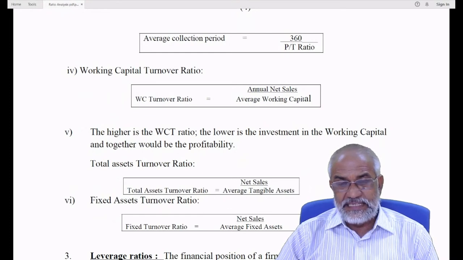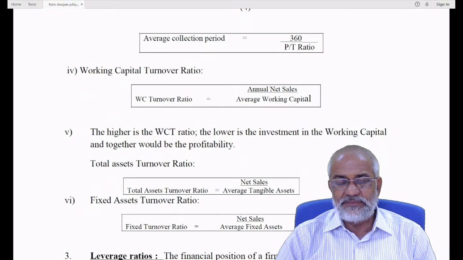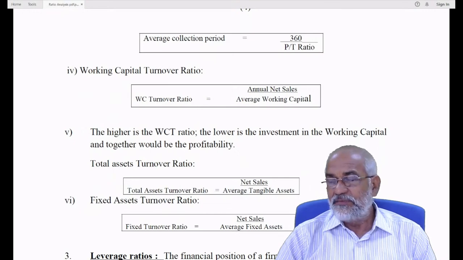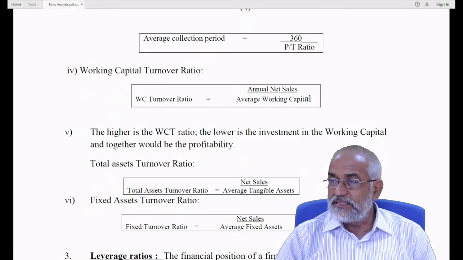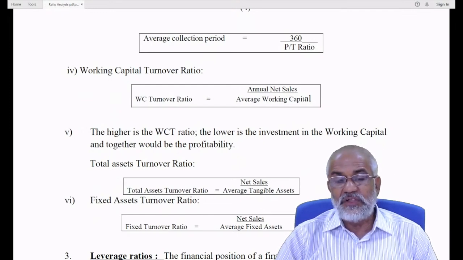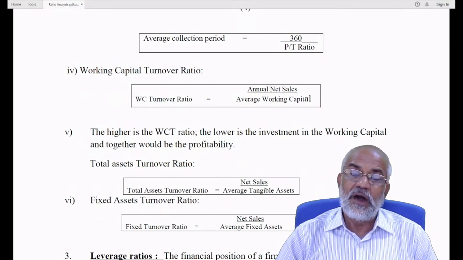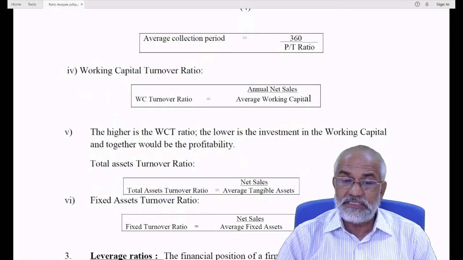So the net sales is divided by the average tangible assets. Tangible assets may be land and building, vehicles, plant and machinery, furniture and fixtures, cash and bank balance. All these come under the tangible assets. Intangible assets like goodwill, patents, copyrights, trademarks, technical know-how are not to be considered.